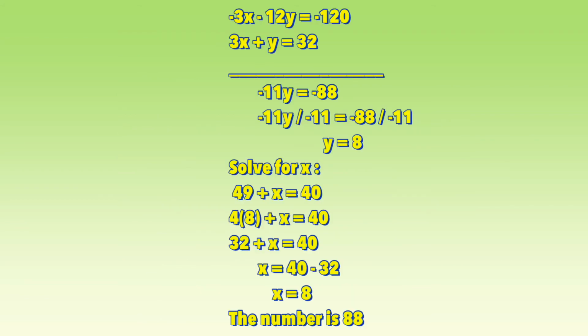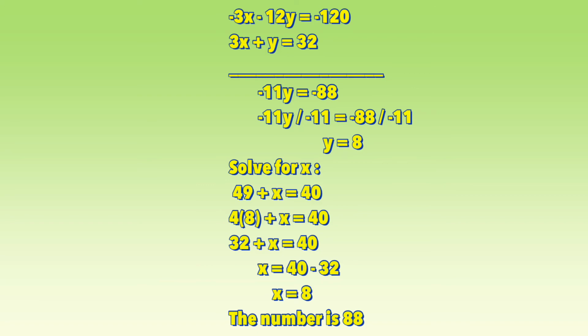Then we're going to rewrite equation 1. We're going to multiply all the terms by negative 3. Our purpose for that is so that one of the terms of the equations can be eliminated. So we multiply x by negative 3, which equals negative 3x.